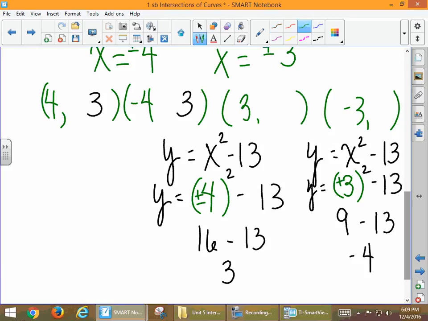But positive 3 squared and negative 3 squared are both 9. So when we finish up here, these two values, 3, negative 4, and negative 3, negative 4, will also be 2 more points on these intersecting curves. The circle and the parabola, in other words, intersect in 4 places.